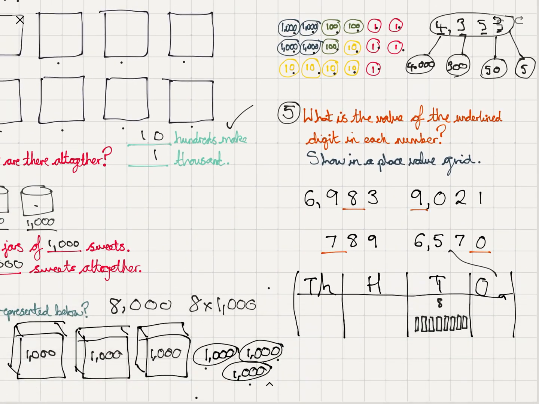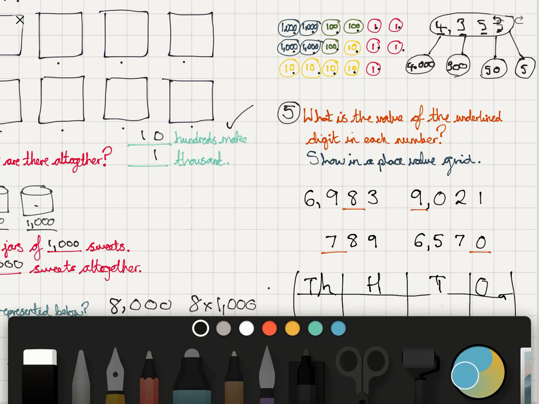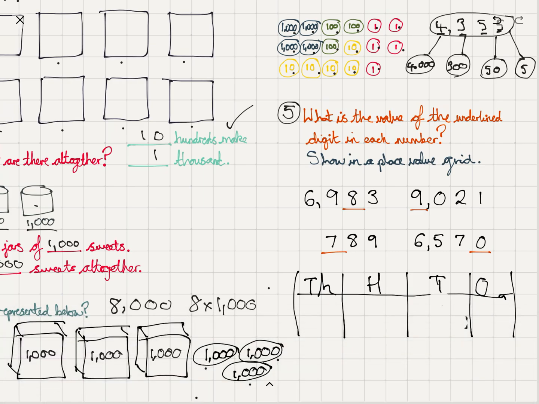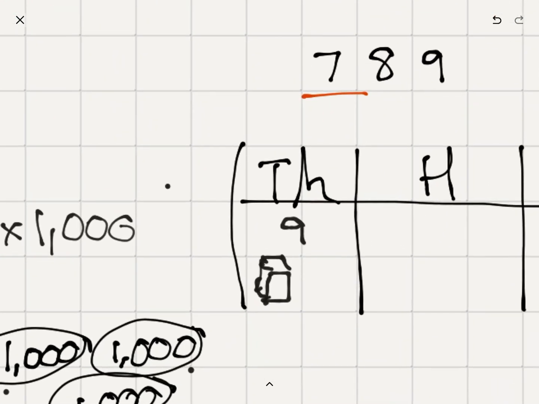Our second one, I need to do some rubbing out. So we've got some space. Our second one we're going to move on to is our next number over here. 9,021. The digit that is underlined is the 9, so 9,000. We're either going to write a 9 or we're going to do 9 3D boxes.